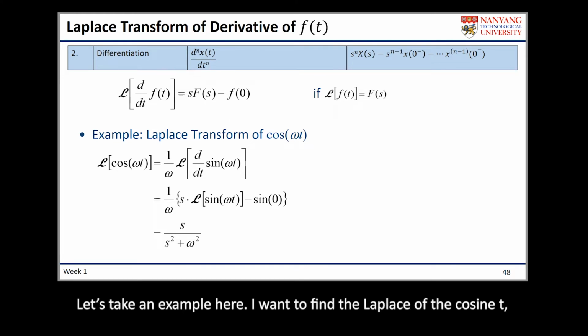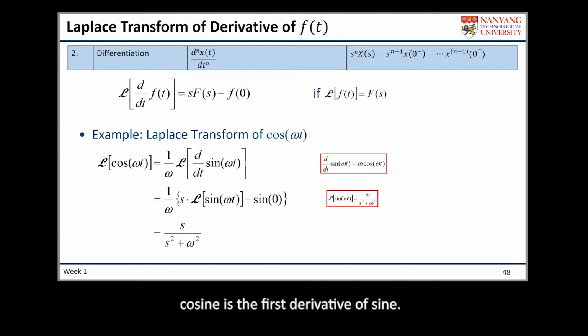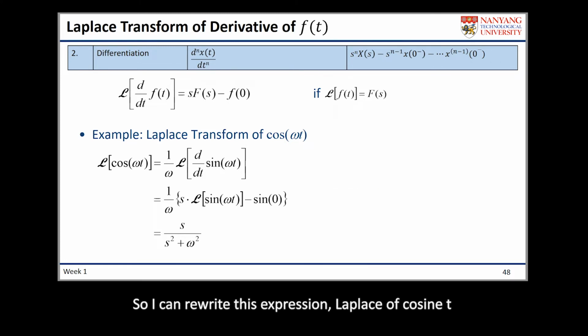Let's take an example here. I want to find the Laplace of cosine t, in which I know that cosine is the first derivative of sine. So I can rewrite this expression, the Laplace of cosine t, as the Laplace of the first derivative of sine t.